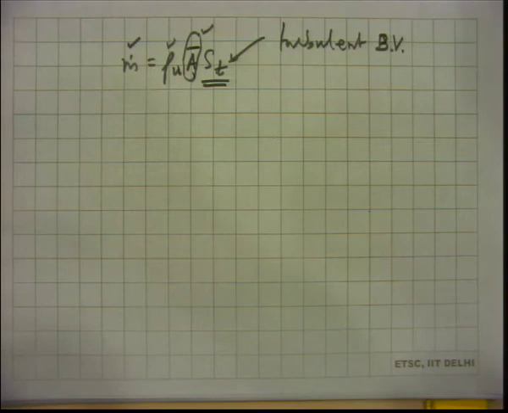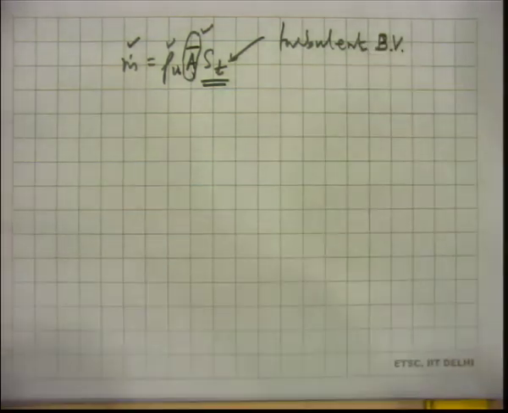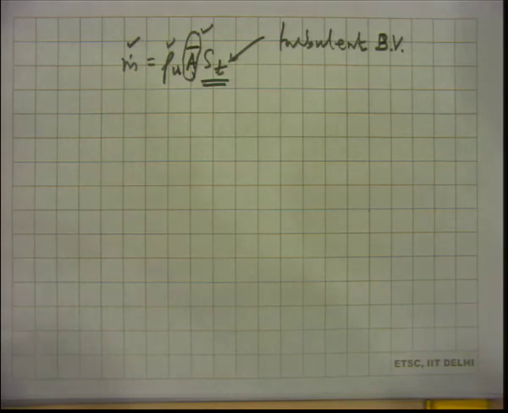Let us also appreciate one fact, that turbulent burning velocity is typically much larger than laminar burning velocity. Laminar burning velocity is of the order of a few centimeters per second, correct? 40, 50, 60 centimeters per second.